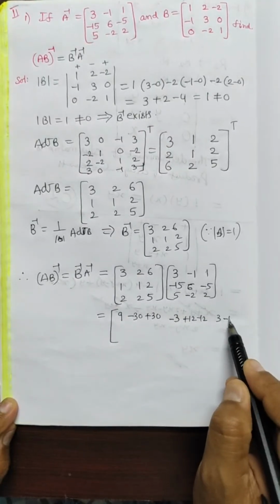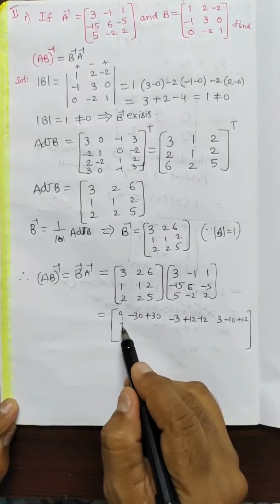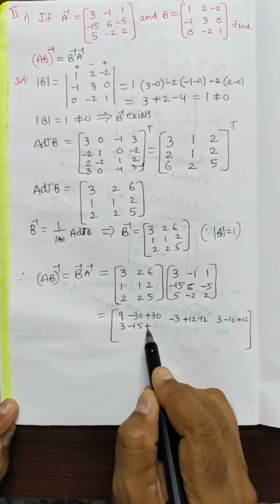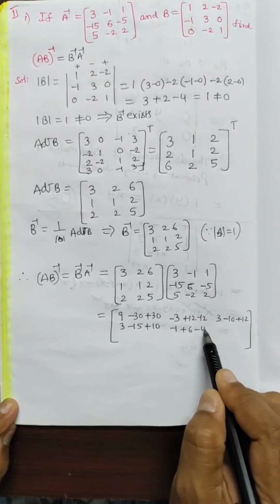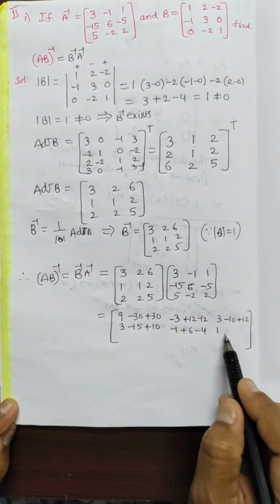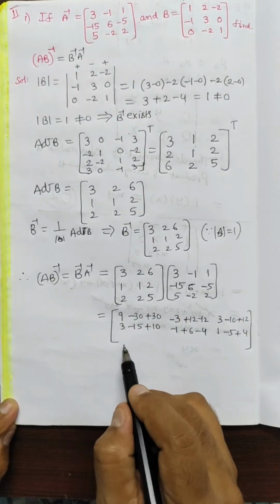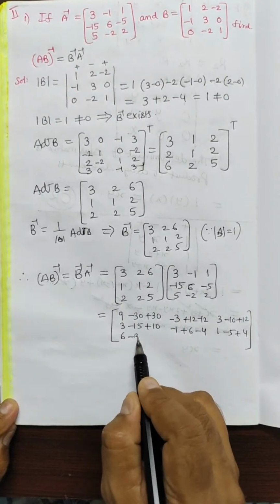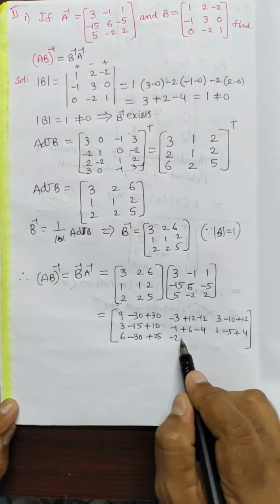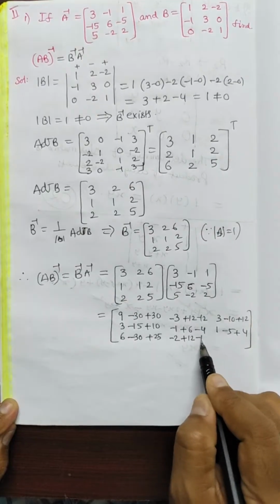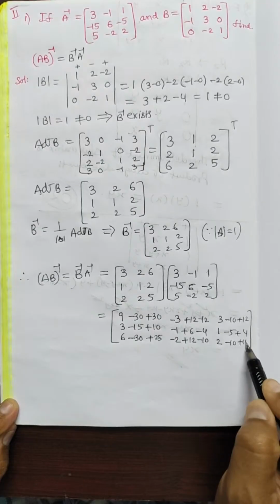Next, 3, minus 10, plus 12. 3, minus 15, plus 10. Minus 1, plus 6, minus 4. 1, minus 5, plus 4. 6 minus 30 plus 25, minus 2 plus 12 minus 10. 2 minus 10 plus 10.